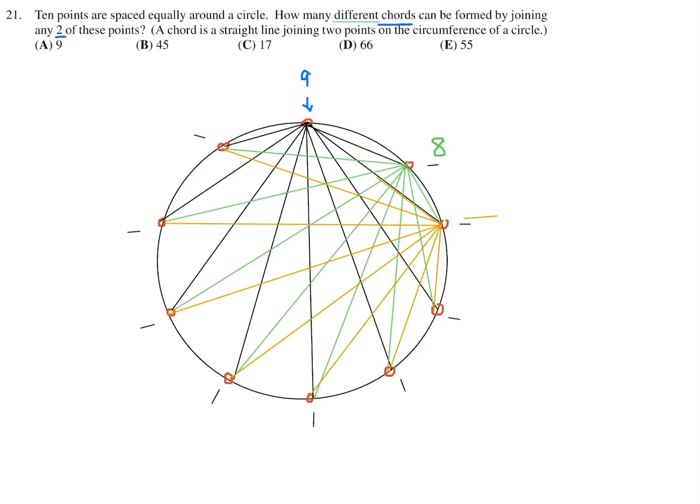Because if I go here, I'm going to do an overlap, and if I go here, I will do an overlap. So I've got 7 from here. And similarly, if you go around this circle, you'll find that you'll get 6 new chords here, 5 new chords here, 4 new chords here, 3, 2, and 1, and by this point you will have exhausted all the chords.